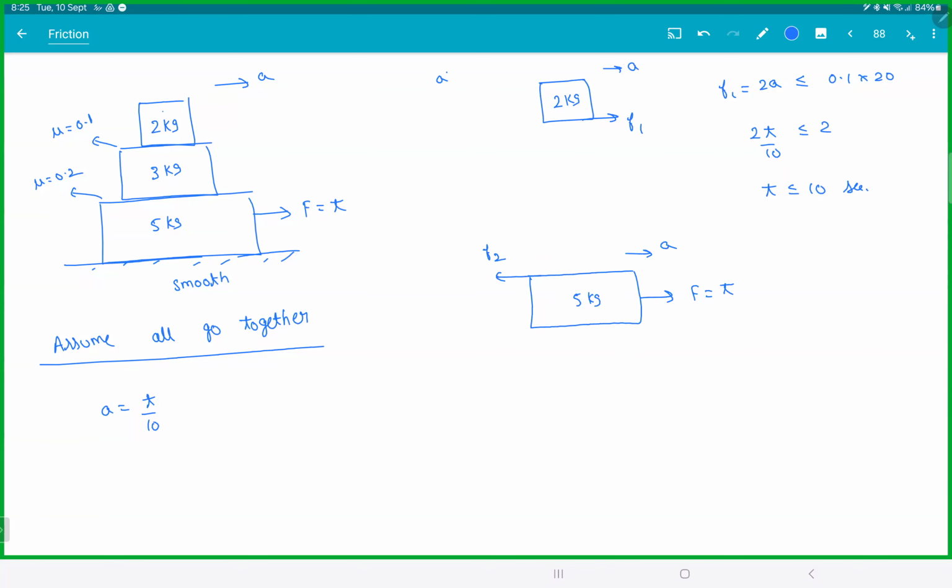So this is one possibility. This is the second thing you have to do. And then T minus F2 is equal to 5a. So we get F2 is equal to T by 2. And this should be less than or equal to 0.2 into 50. Then this will give me T is equal to 20 seconds.